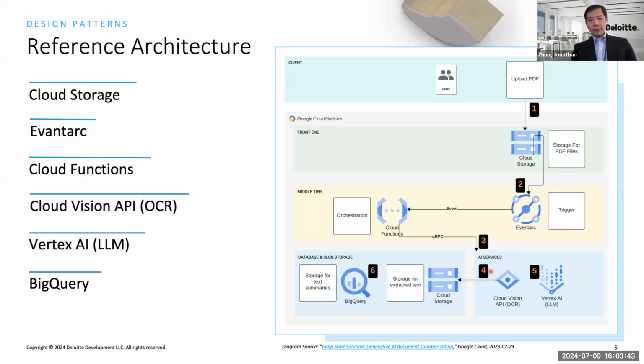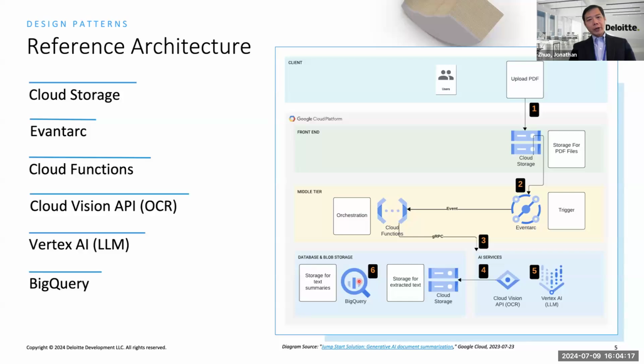It uses Cloud Vision AI to extract all the text from the PDF file and stores the extracted text in the cloud storage bucket. Then Cloud Functions uses a Vertex AI large language model to summarize the extracted text. At the end, it stores the textual summarization of the PDF files inside a BigQuery table.